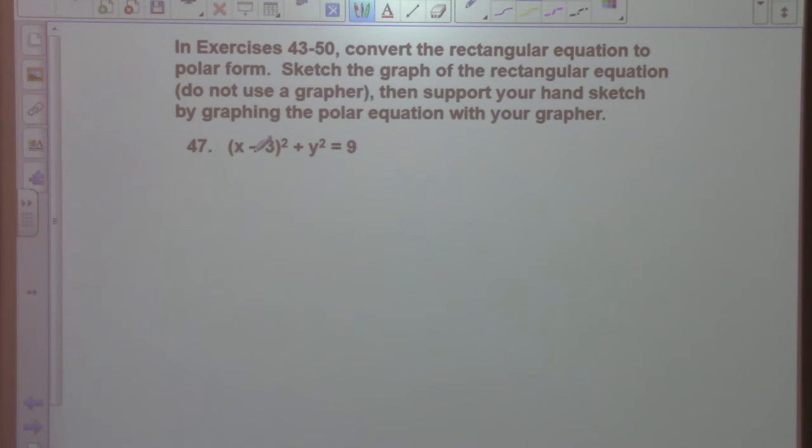And so your circle is moved 3 units to the right and 0 units up, and your radius is 3. So you should look something like this.